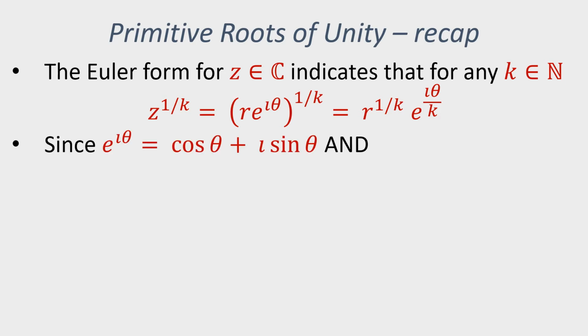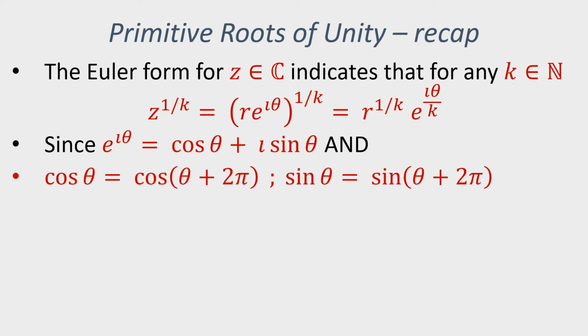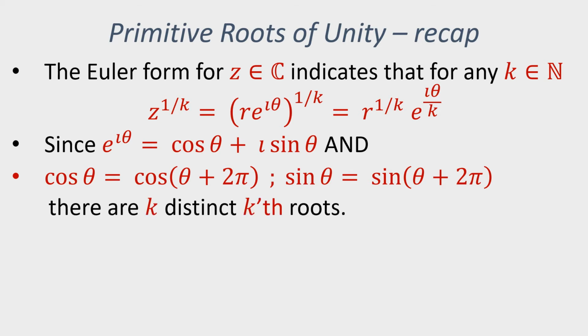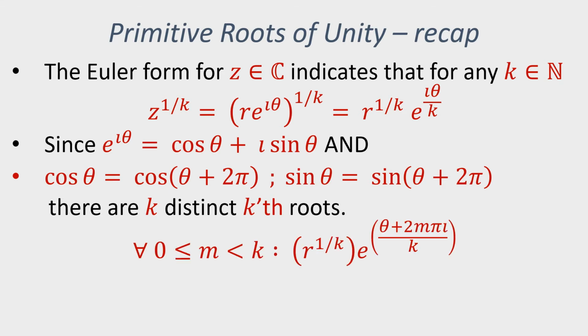And what that tells us is, since the Euler form can be expanded as cosine of theta plus i multiplied by the sine of theta, and since the trigonometric functions are periodic, so their values repeat over intervals of 2 multiplied by pi, that tells us, first of all, there are k distinct kth roots of any complex number.